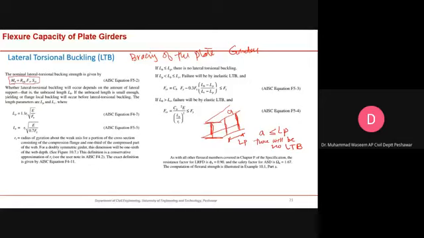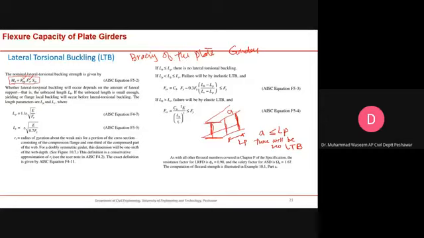So in order to see the capacity, you can use this equation. Okay, so we know that this is the strength reduction factor, and we have to calculate this FCR again, and this Sx is the elastic section modulus on the compression side.